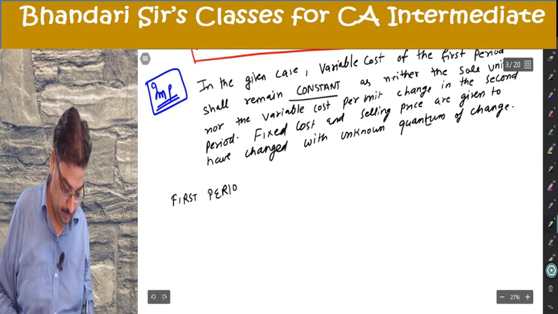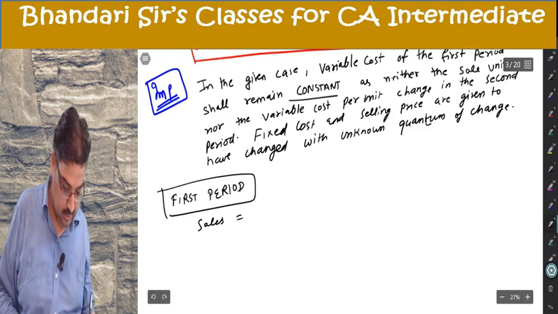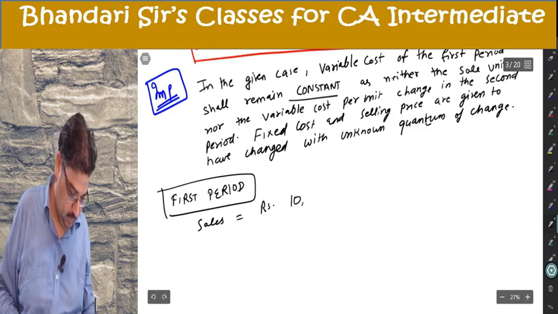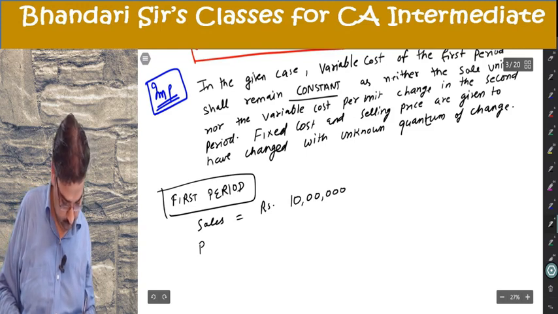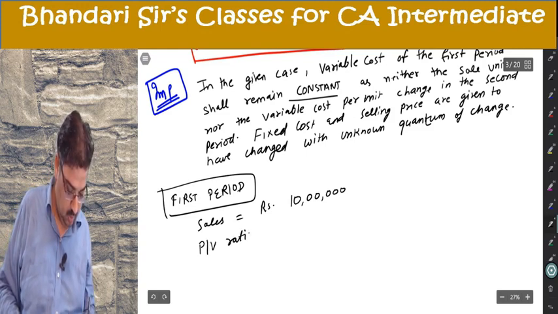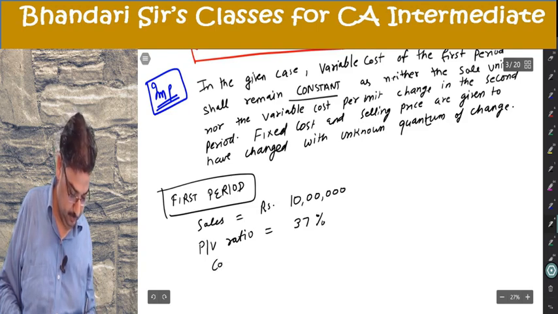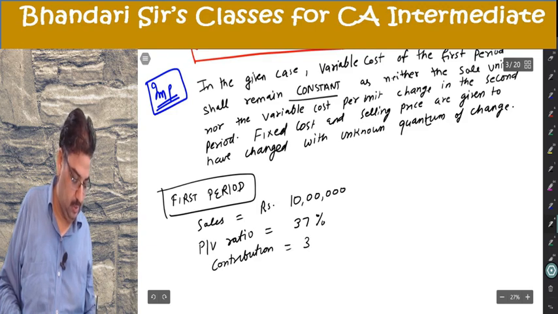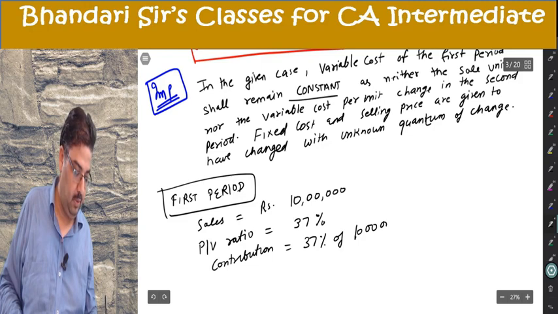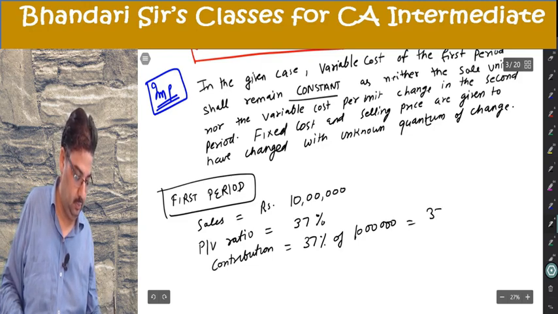First period, sales 10 lakh, PV ratio 37%, contribution becomes 37% of 10 lakh, 3,70,000.